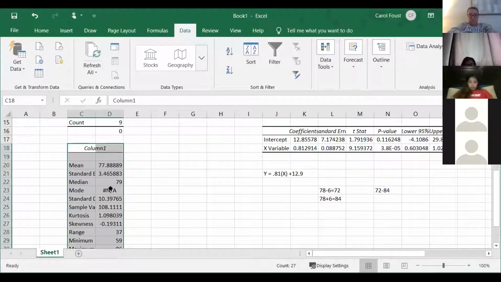Okay, so for the final, the mean was 77.8, or just about 78, and the standard deviation was 10.4, right?